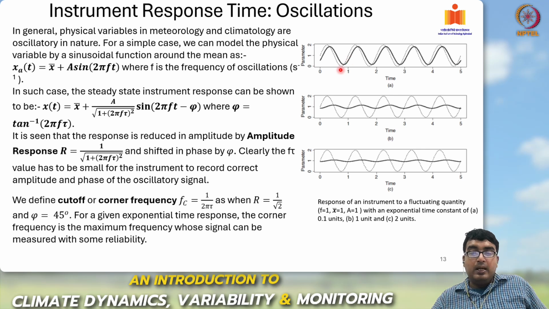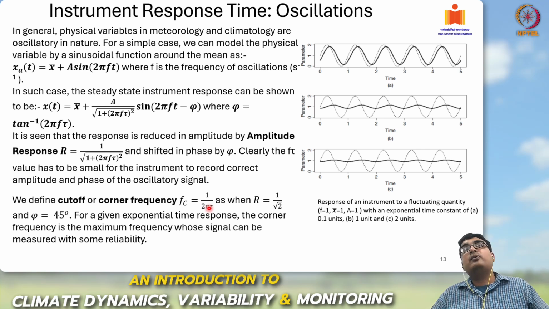problem. However, if the exponential time constant is 1, then this is 1 by 6. So 1 by 6 is around, say, 0.17, something like that. So your corner frequency is 0.17, while the actual frequency is 1.